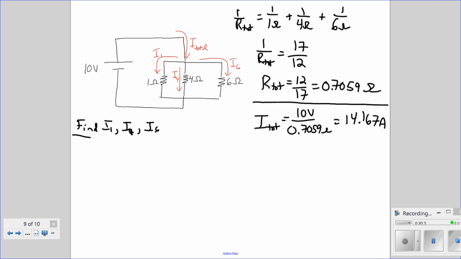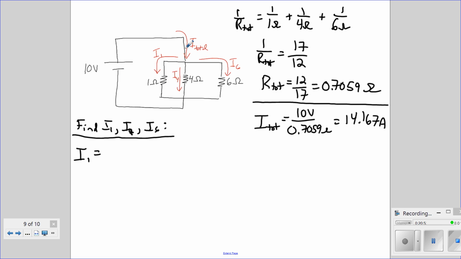And if we want to find current 1, current 4, and current 6, we use the fact that the current through the 1 ohm resistor I1 is the voltage across the 1 ohm resistor.